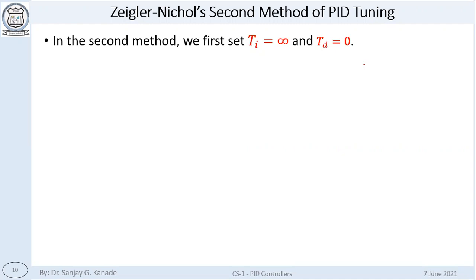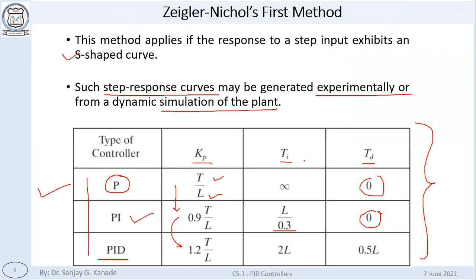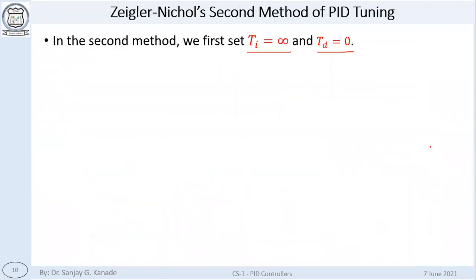It is what I just explained for the P controller: for proportional only, Ti is equal to infinity and Td equal to 0. So similarly, we start with that condition in the second method.